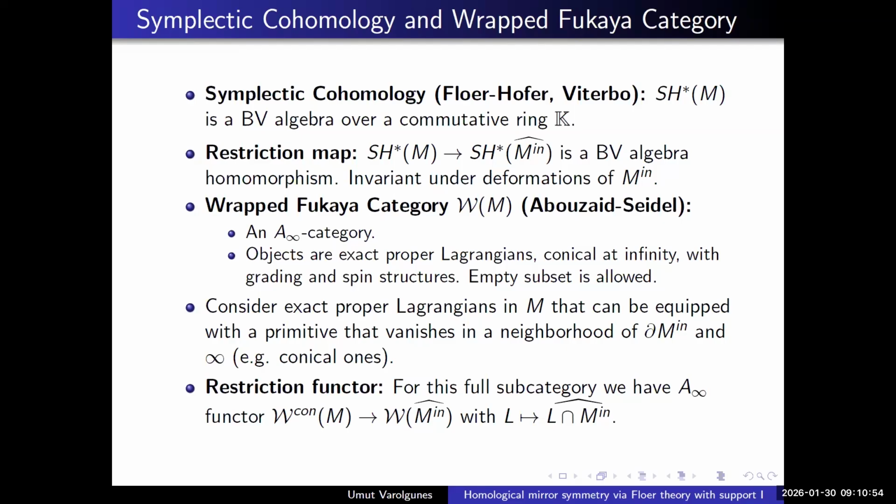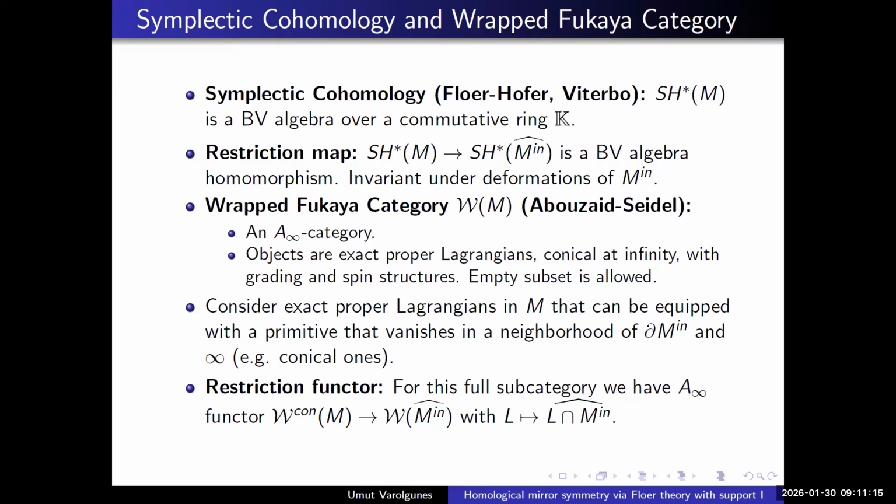For example, conical ones: if it's conical, then the primitive vanishes, so you can choose this primitive to be just zero.